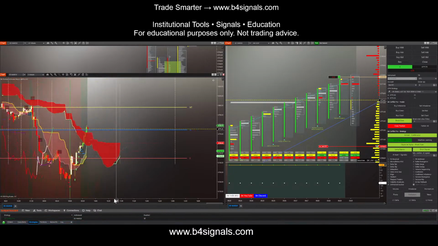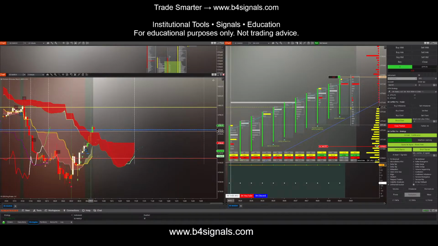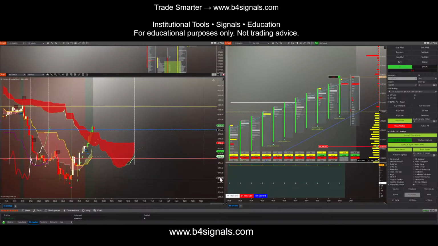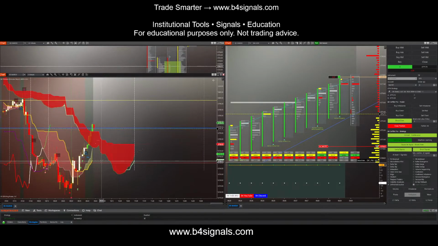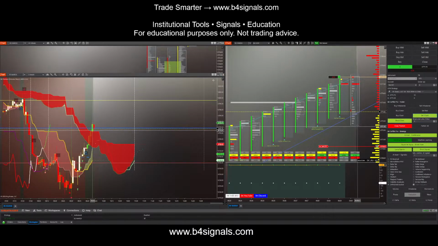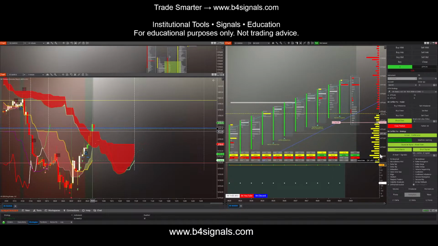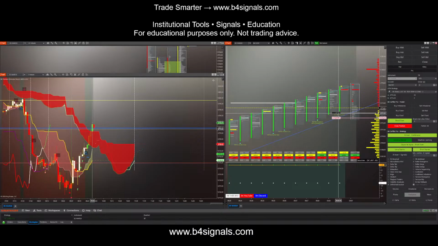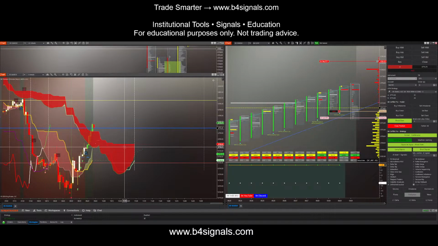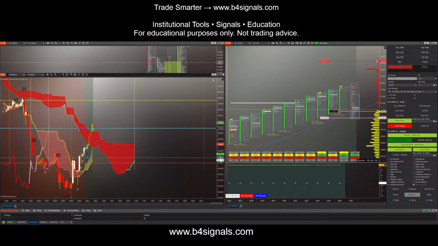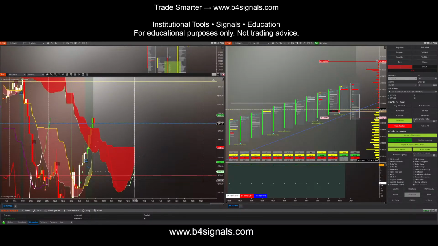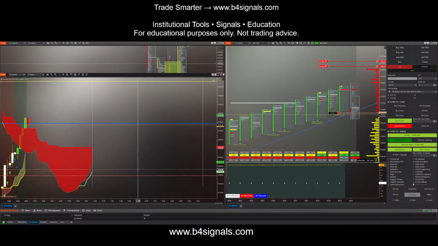Now we got our kiss dots firing again. It's time for the pullback. So the position here is short. Order submitted. Stop filled. Order filled. Order submitted. Order filled.